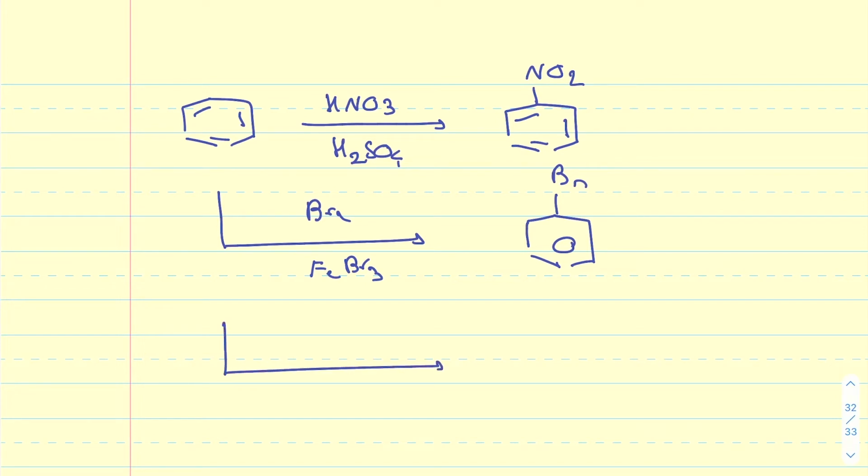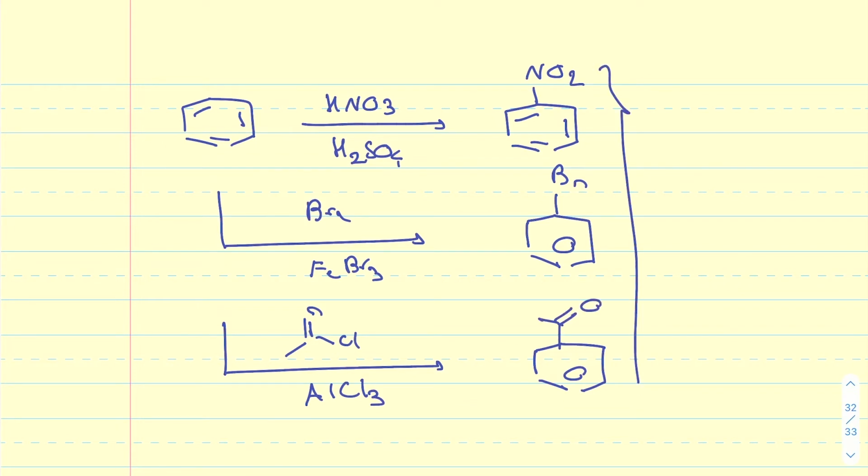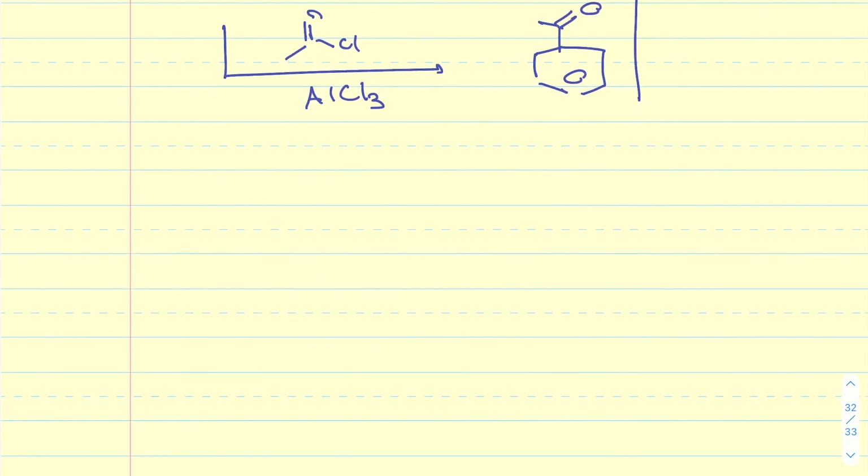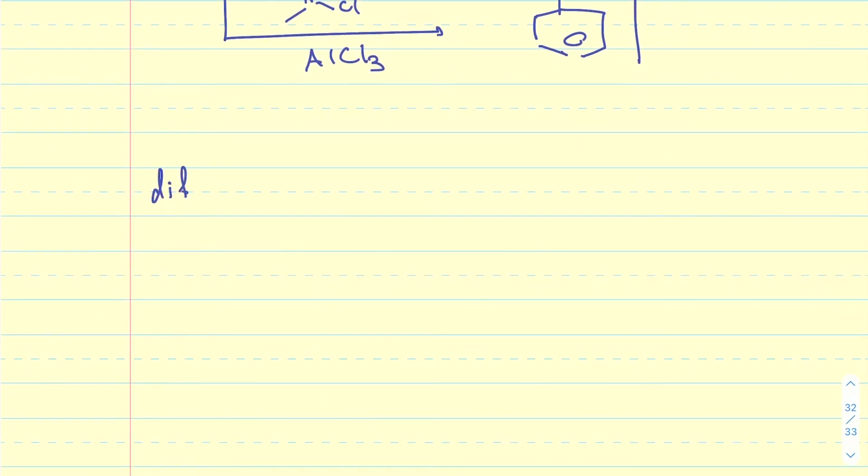You react with acetyl chloride in the presence of AlCl3 to do a Friedel-Crafts acylation, and so on and so forth. These are all different examples of electrophilic aromatic substitution. Now, these reactions differ in two things. They differ in the identity of the electrophile and how it's generated.